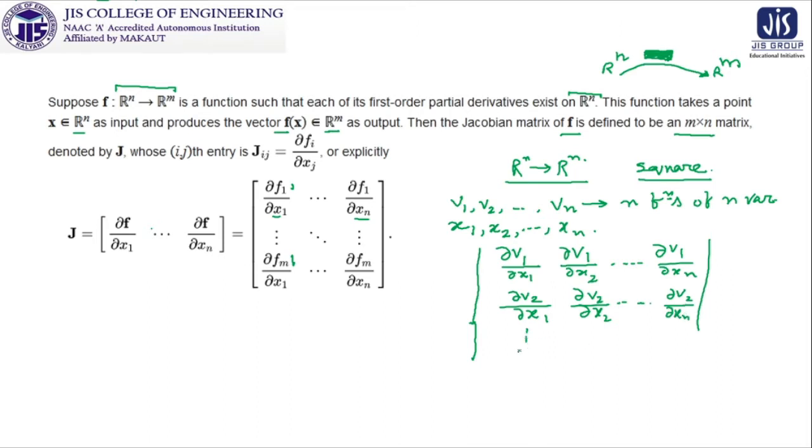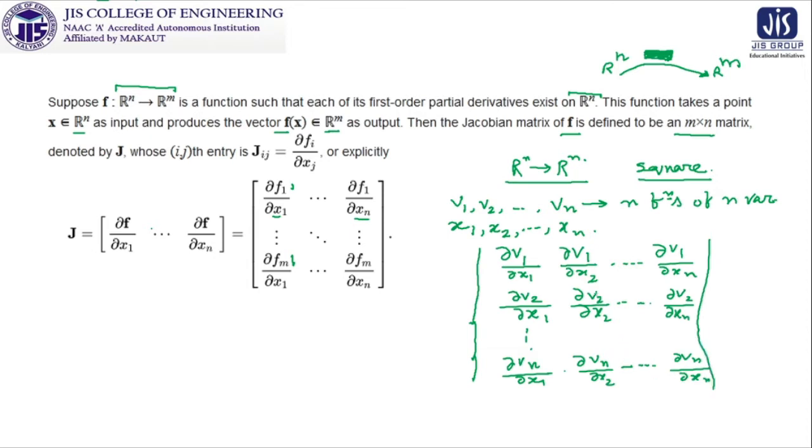In this manner, if you proceed to the last row, it will be del vn del x1, del vn del x2, up to del vn del xn.